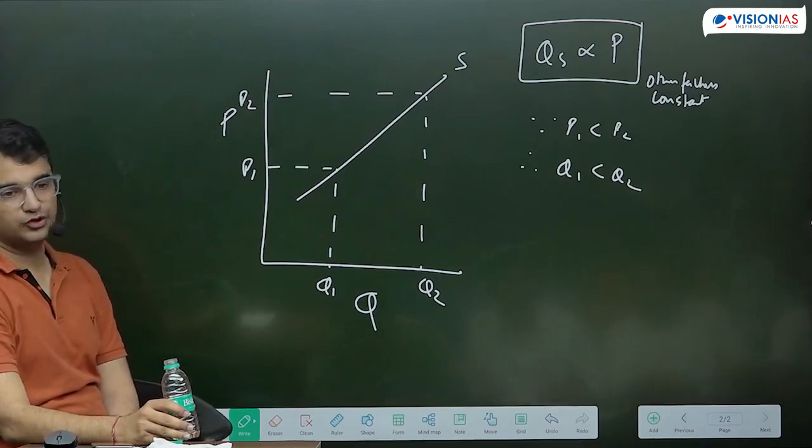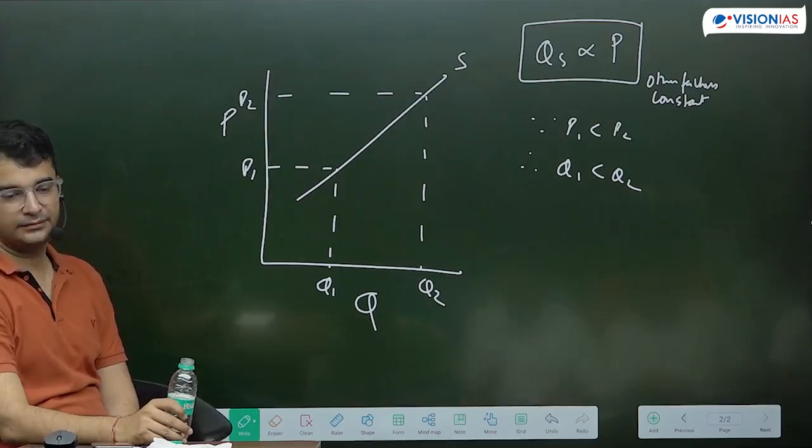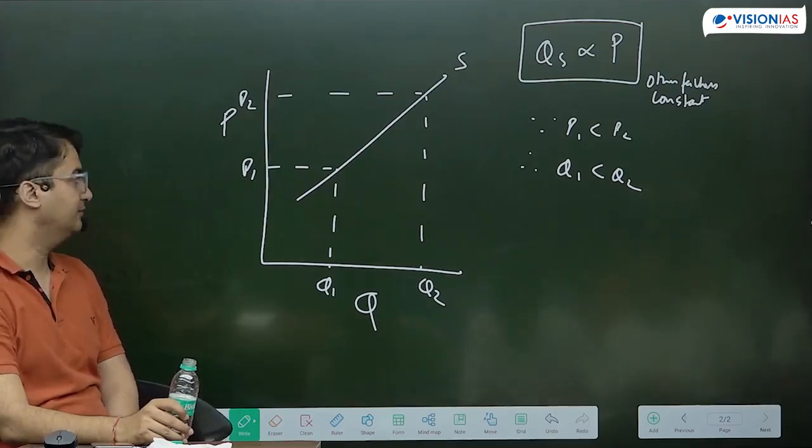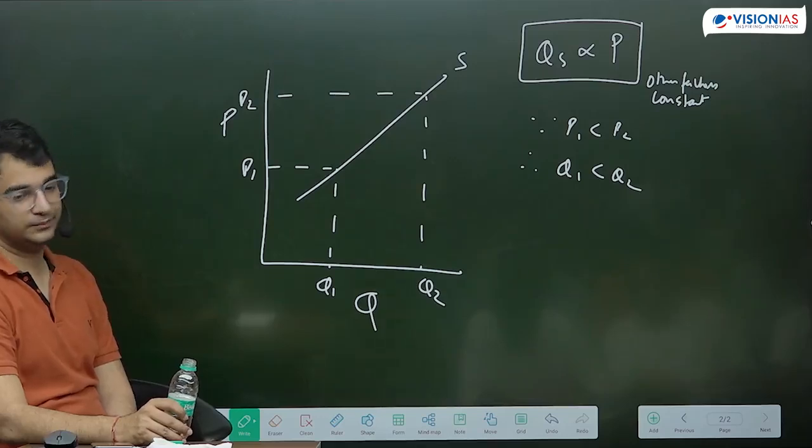QS proportional to P, other factors constant. Since P1 less than P2, therefore Q1 less than Q2.